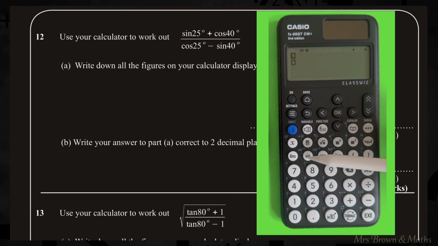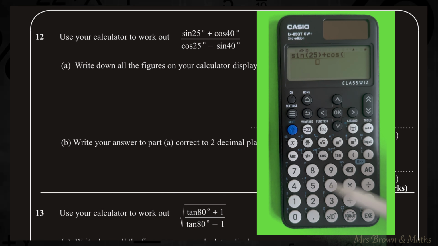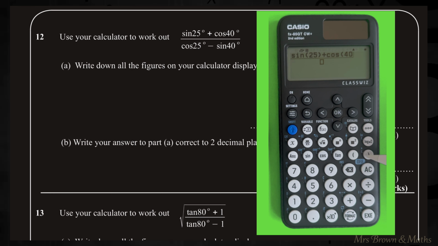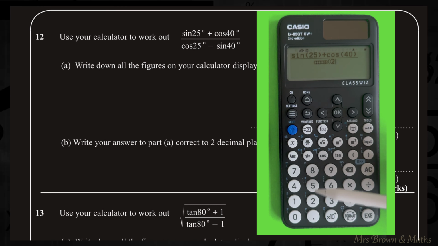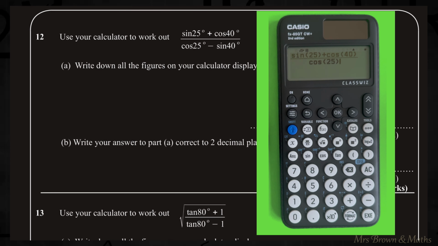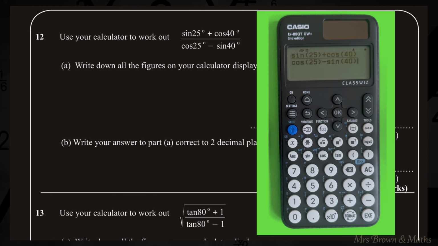Sine, one bracket's already open, 25 brackets plus cosine 40 brackets, move down, cosine in brackets 25 brackets minus sine 40 brackets.